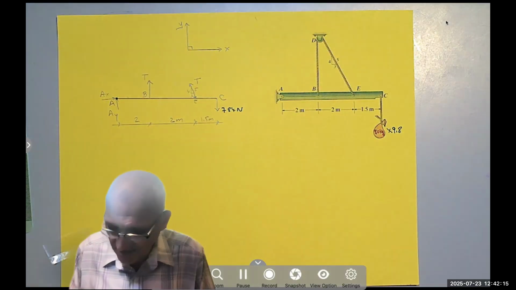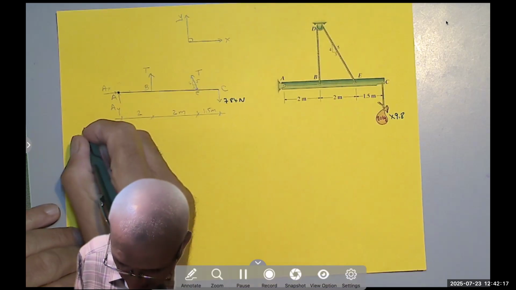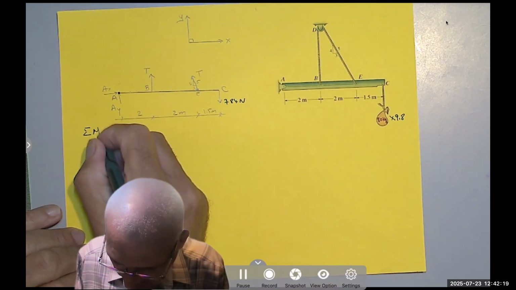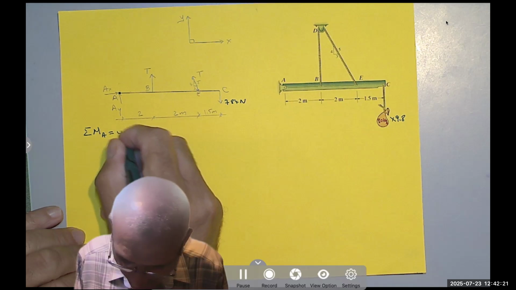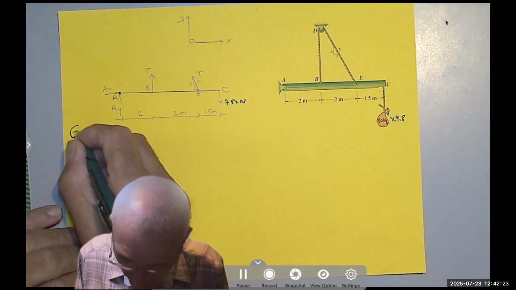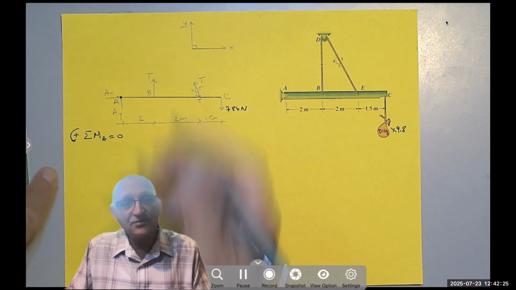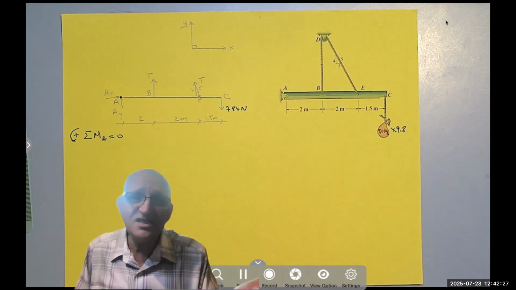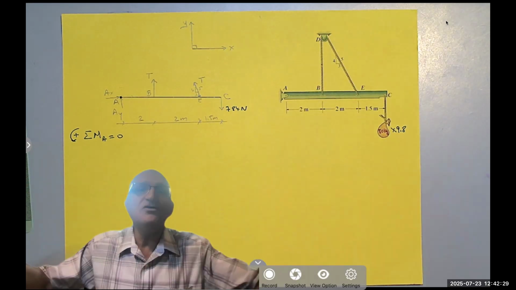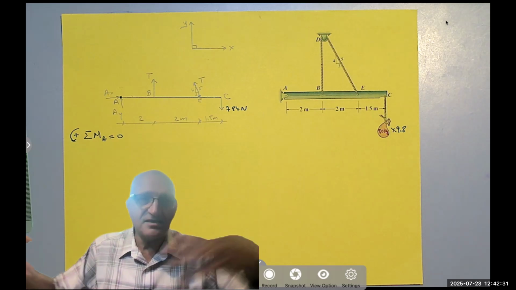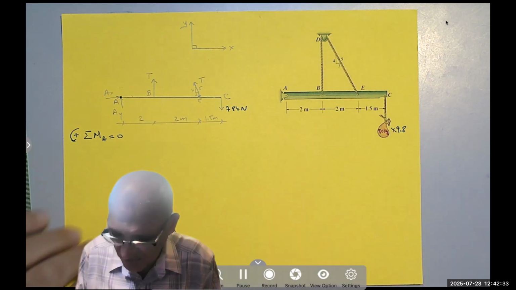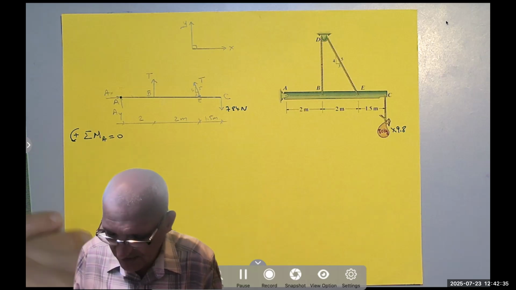So in all cases, I will have to start with the summation of the moments about point A equals 0. And as I said, some people would write that they are taking counterclockwise as positive. You don't need it because that's a universal convention, that counterclockwise moment is positive.